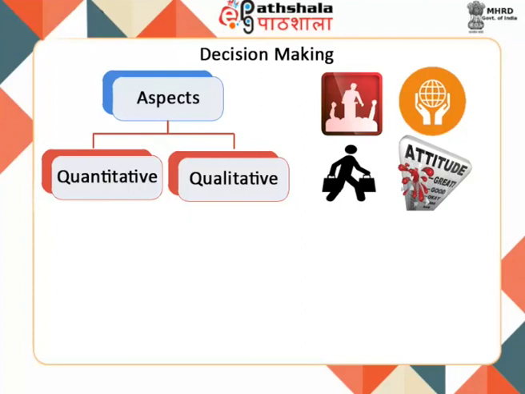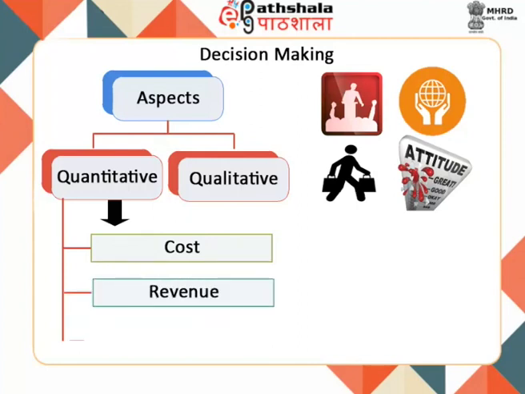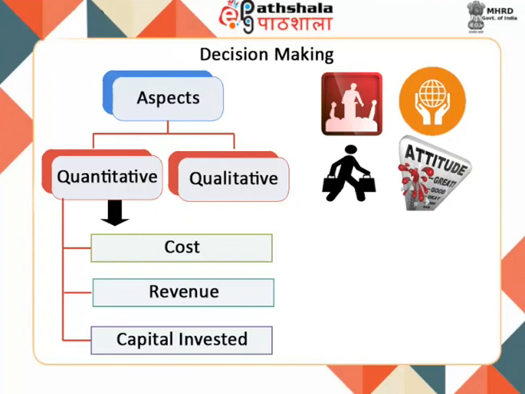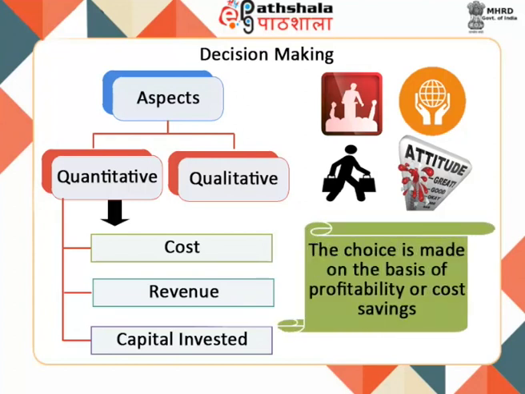It deals with the relevant information such as costs, revenues, capital invested, etc., required to take a decision. As mentioned above, decision making is the process of selecting one out of several alternative courses of action available, and the choice is made on the basis of profitability or cost saving.